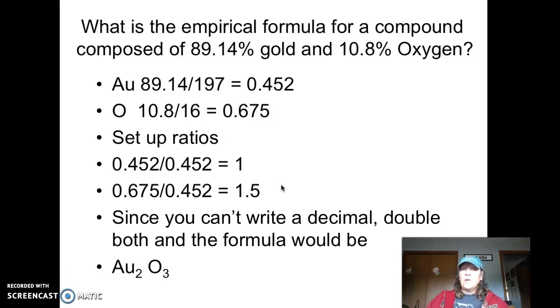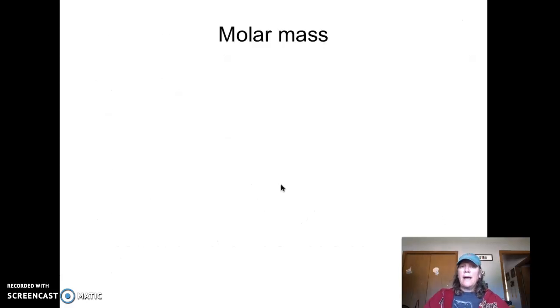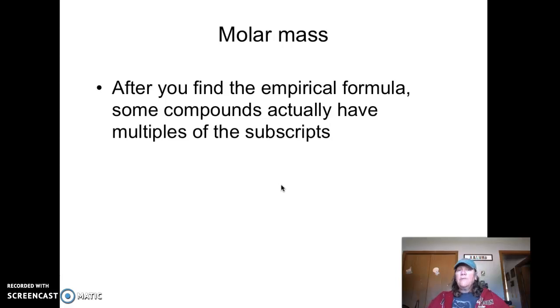All right. Now that's for ionic compounds. Sometimes with molecular compounds, because we have a ton of compounds made out of carbon and hydrogen, or carbon, hydrogen, and oxygen, there's another thing we look at, and it's called molecular mass, and I'll show you how to do those. After you find the empirical formula, some compounds actually have multiples of those subscripts.